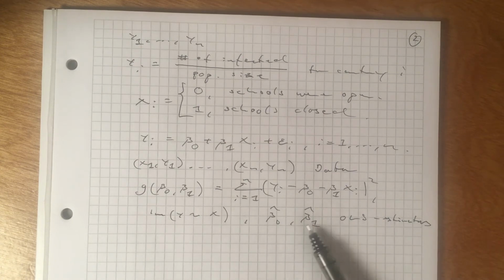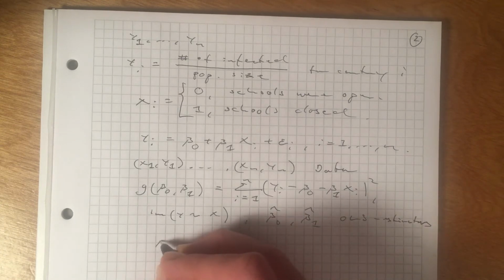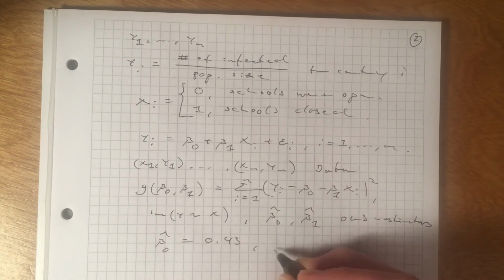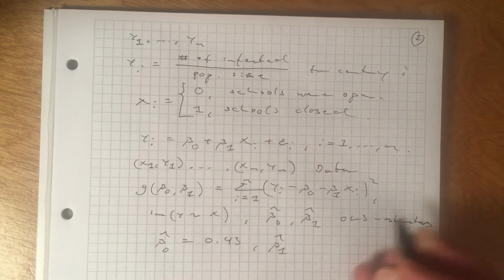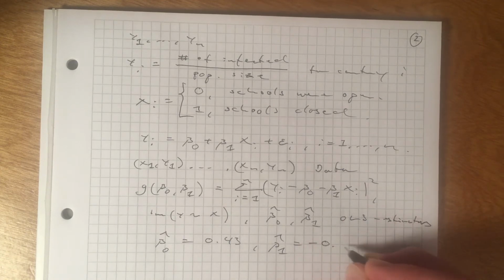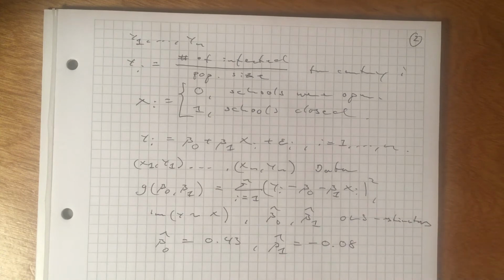Then we get these estimates. Let's say that the numbers that we get are beta 0 hat equal to 0.43 and beta 1 hat equal to minus 0.08.